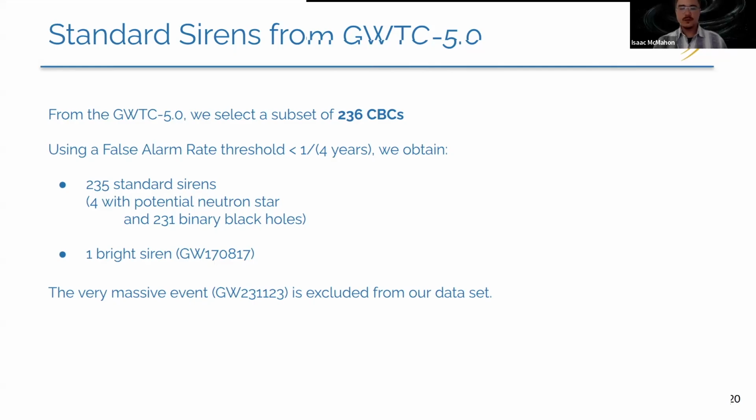So this is just to account for only well-defined and high signal-to-noise events, so that we can avoid problems with noise and marginal detections and so on. With this, we have 235 standard sirens that don't have an electromagnetic counterpart. 4 of these have a potential neutron star component, and the other 231 are all binary black holes. And then we also have the one bright siren with an electromagnetic counterpart, which is GW170817.